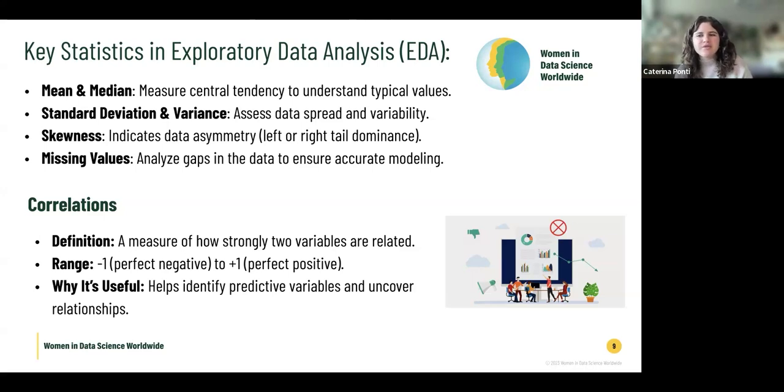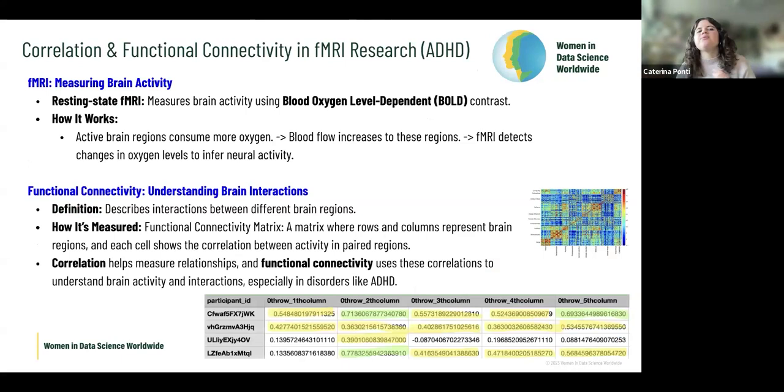This means changes in one variable are not really associated with changes in the other. So why is it helpful? It helps us identify predictive variables and uncover relationships. Another reason why correlation is so important in this Datathon is because we find correlation in functional connectivity matrices. So fMRI, as I said in the last workshop, but just to reiterate, measures brain activity.